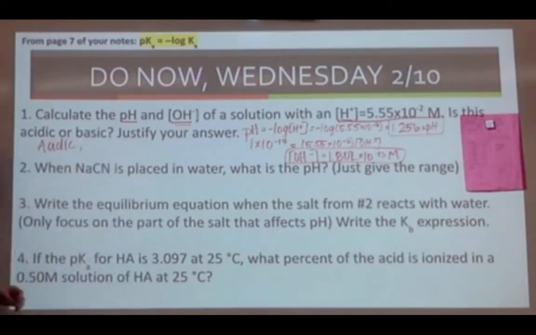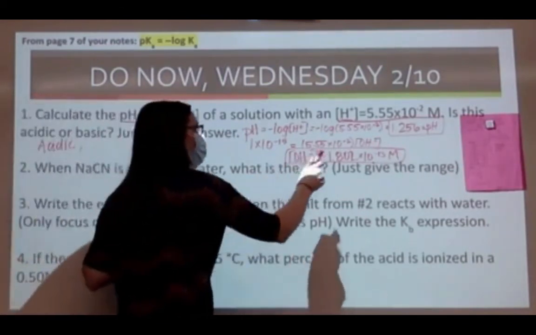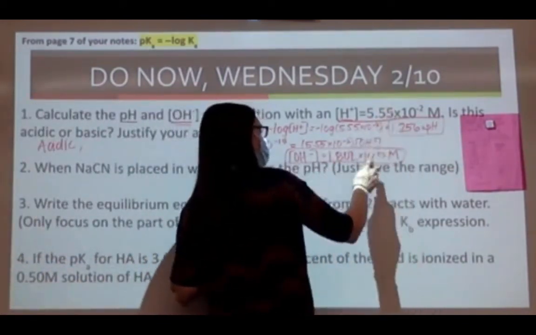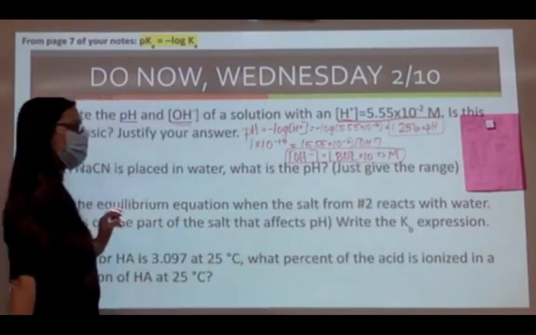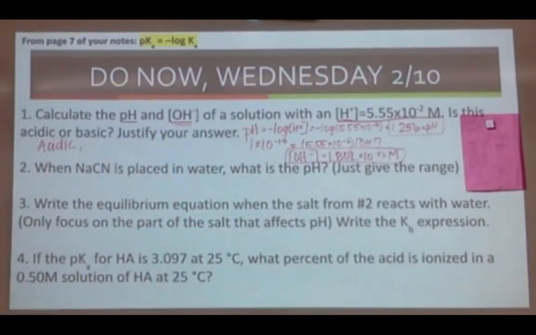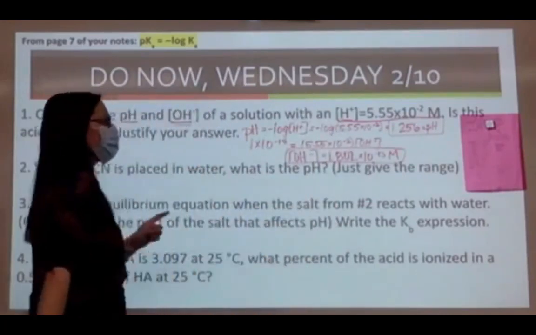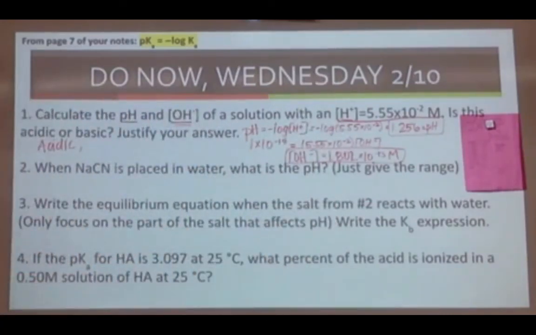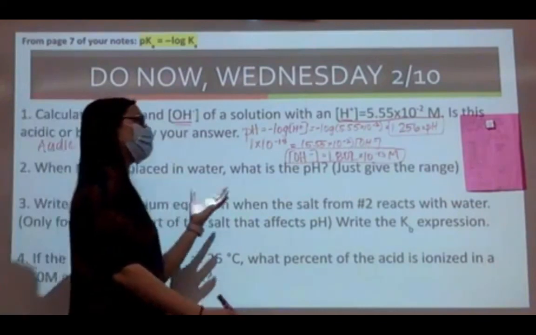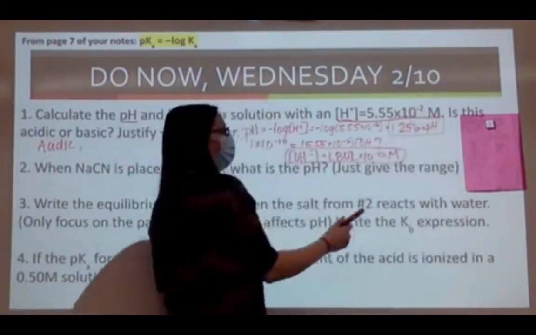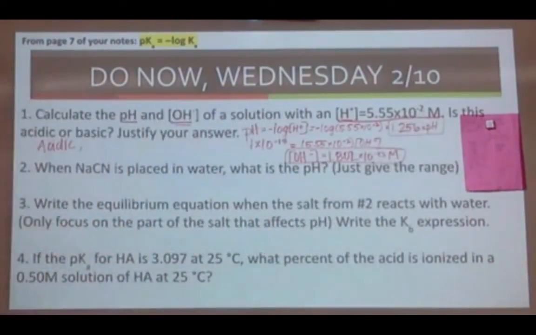Now the other way that we could justify our answer is comparing H plus concentration to OH minus concentration. There was the table in video 2 on comparing H plus to OH minus. If you compare these numbers, H plus is greater. -2 compared to -13. Since H plus is greater, H plus identifies an acid.